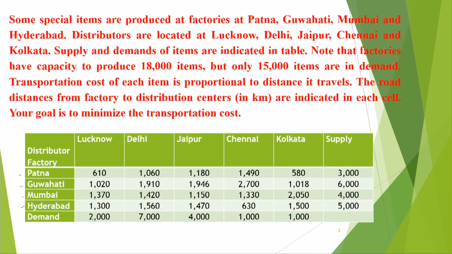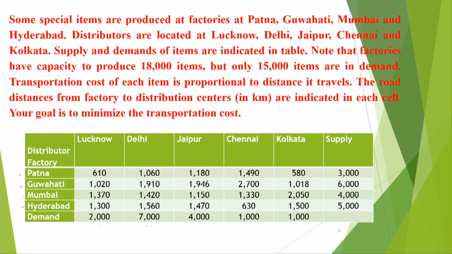the supply from each factory: the Patna factory produces 3000 items, Guwahati produces 6000 items, Mumbai produces 4000 items and Hyderabad produces 5000 items. These are the items which are produced. But the demand in Lucknow is only 2000, Delhi 7000, Jaipur 4000, Chennai 1000, Kolkata 1000.